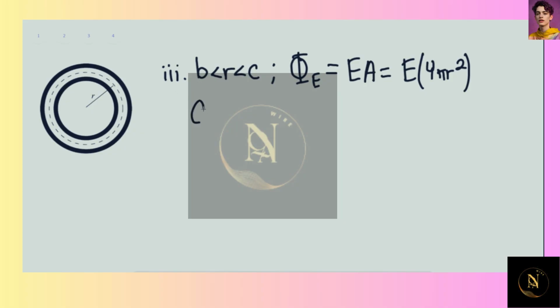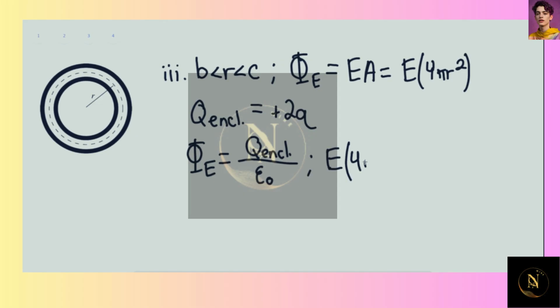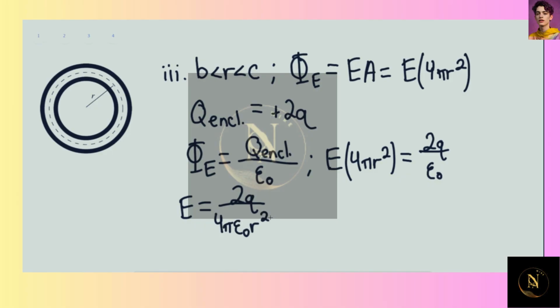So here, the enclosed charge is equal to plus 2q. The electric flux would then be equal to the enclosed charge divided by epsilon naught. And this gives us E times 4 pi r squared equal to 2q over epsilon naught. And so the electric field here is equal to 2q over 4 pi epsilon naught r squared. Here, because the enclosed charge is positive, the electric field would be radially outward.